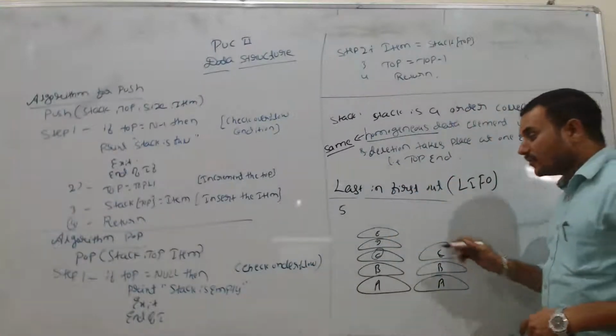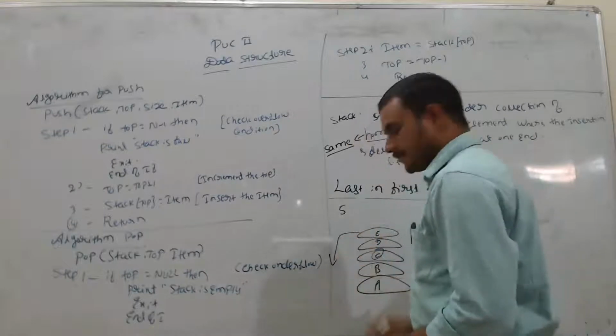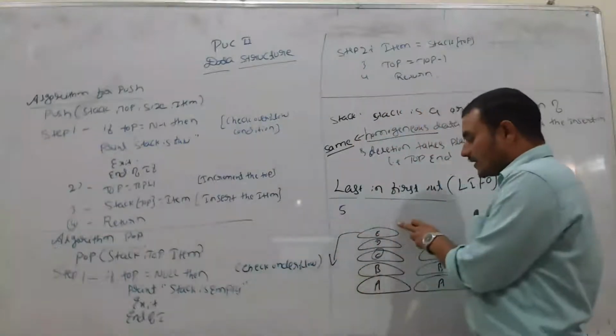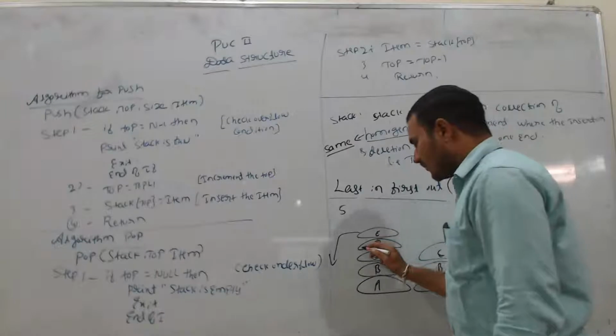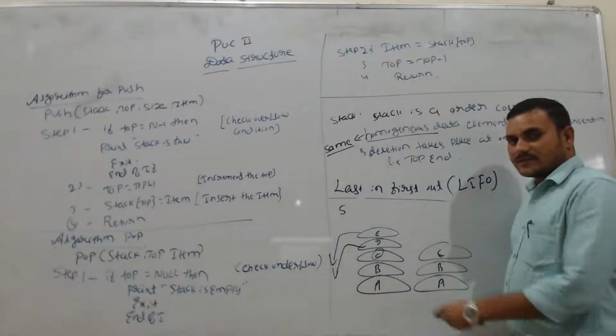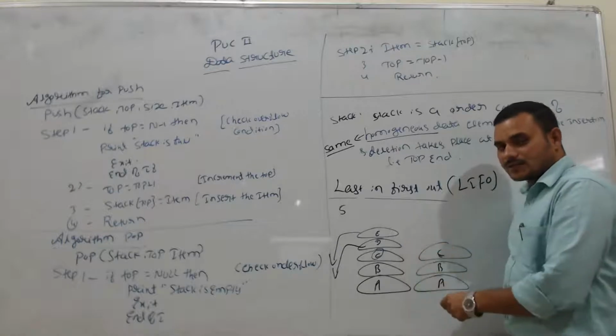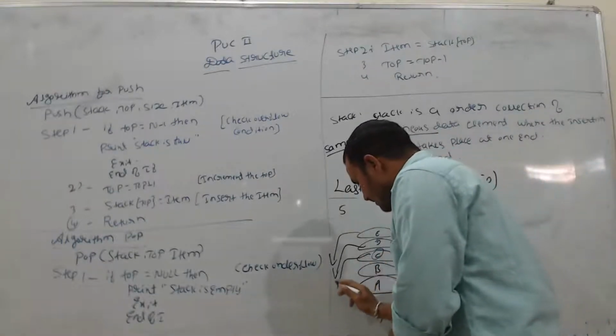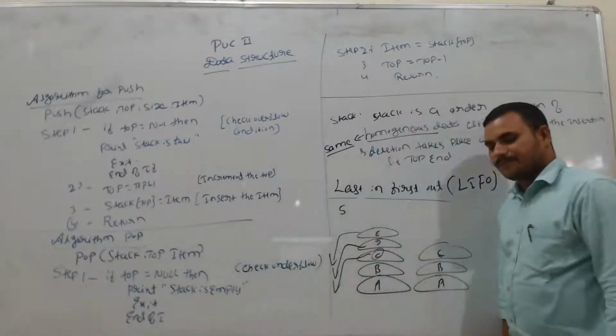First we have to remove this E element. That means we have to delete this E element. Then we have to delete this D element. That means you have to remove this D element as well. Then you have to remove this C element.